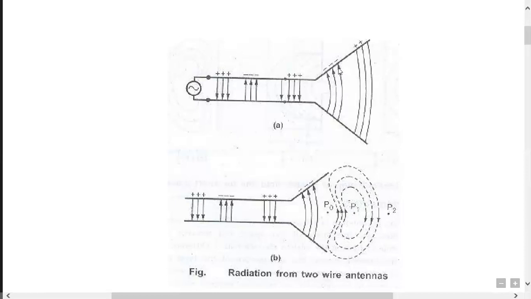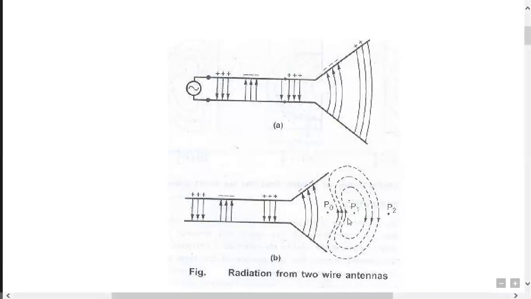By connecting these open ends of the electric lines, we can get waves like this. These free space waves are also periodic, but a constant phase point P0 moves outwardly towards P1 with the speed of light and travels a distance of lambda.